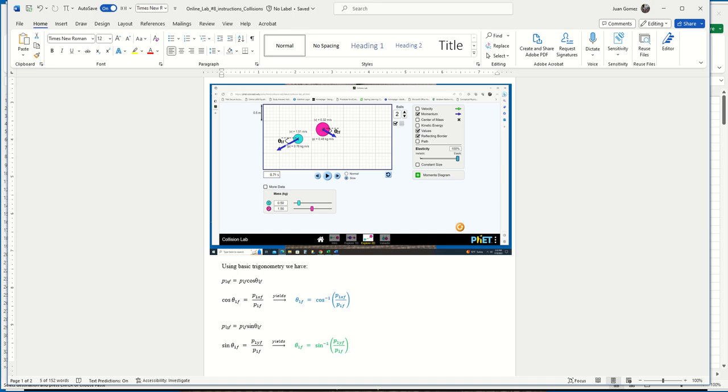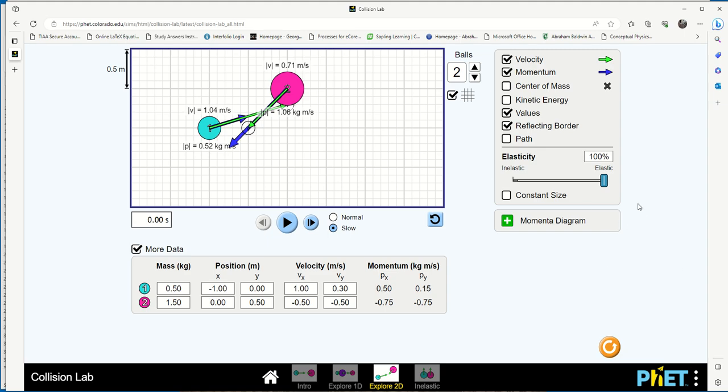Well, what does the simulation do? Notice here, M1 is 0.5 kilograms, M2 is 1.5. The default sets M1 at the position -1, 0, and M2 at 0, 0.5.